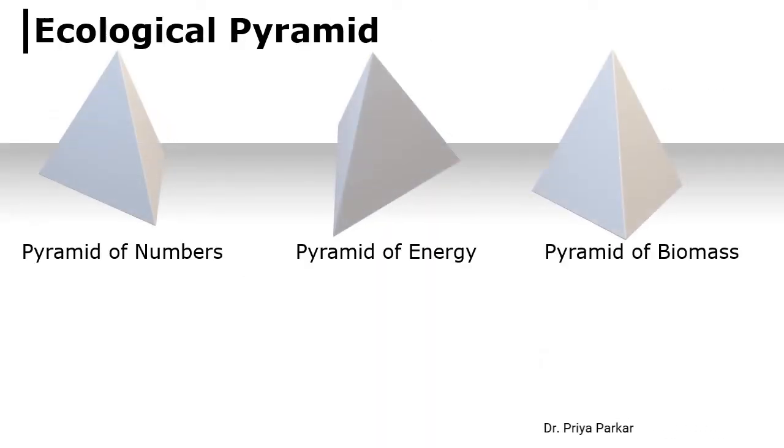3 types of ecological pyramid exist in nature: number 1, pyramid of numbers; number 2, pyramid of energy; and number 3 is the pyramid of biomass.